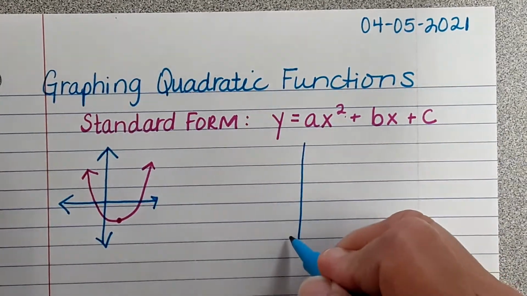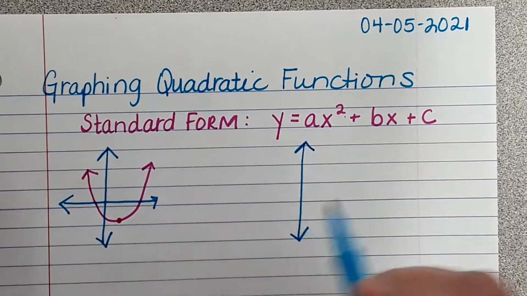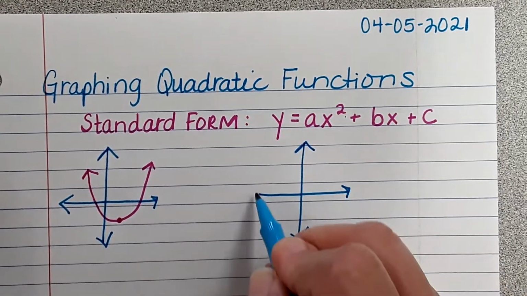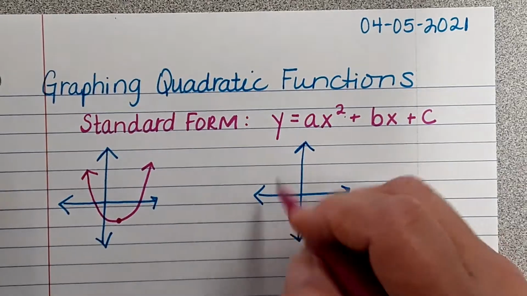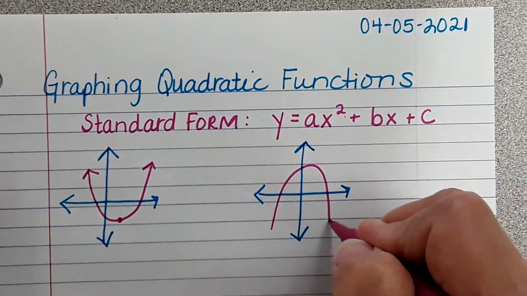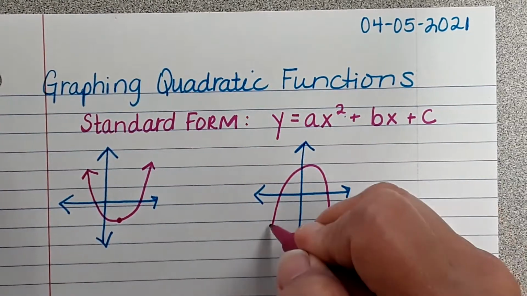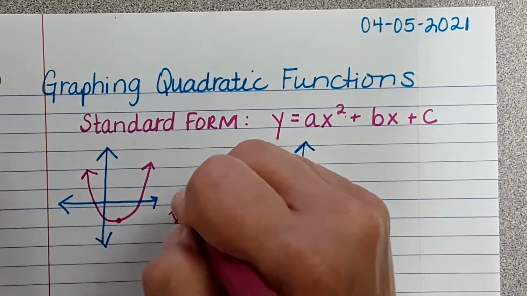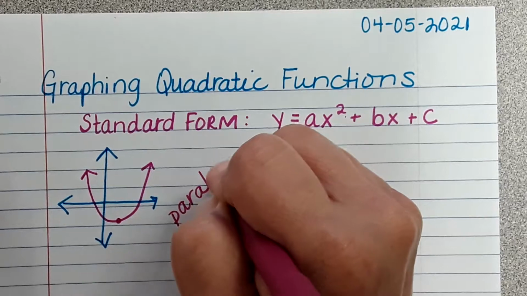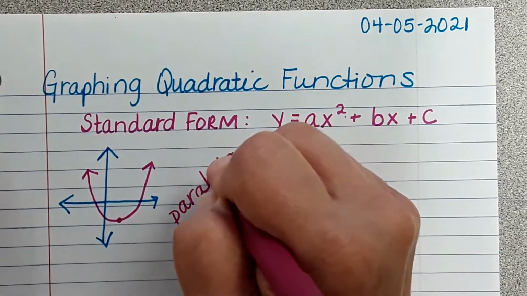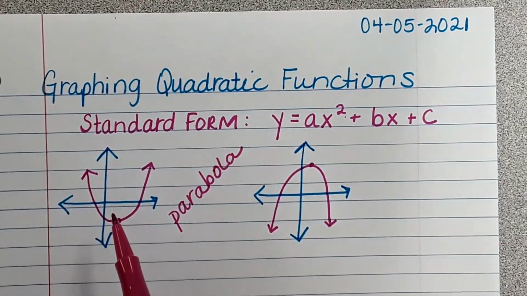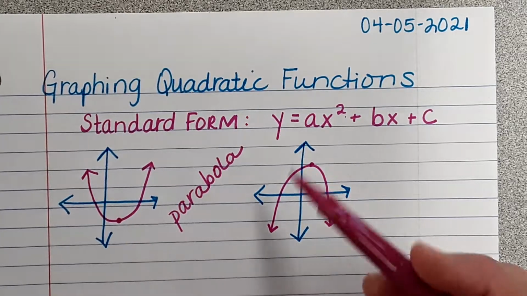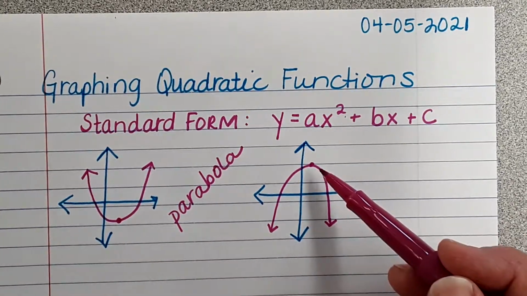Or they open down. It looks like an upside down U, and the vertex is at the top. And this again is called a parabola. Okay, so if it opens up, your vertex is at the bottom. If it opens down, your vertex is at the top.